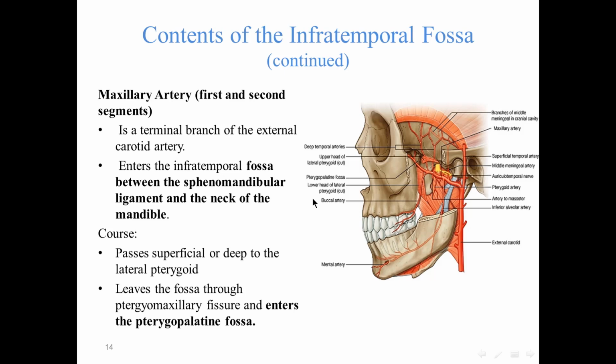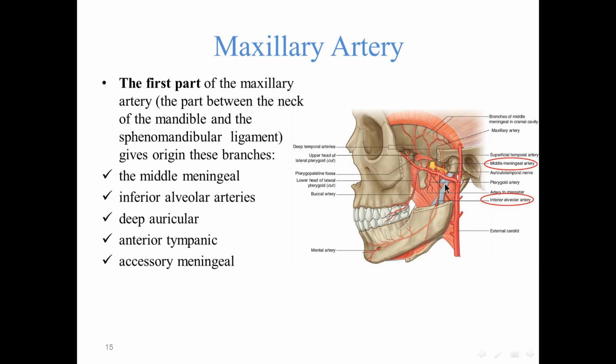The first part of the maxillary artery, as I said, is the part between the neck of the mandible and the sphenomandibular ligament, and gives origin to these branches.